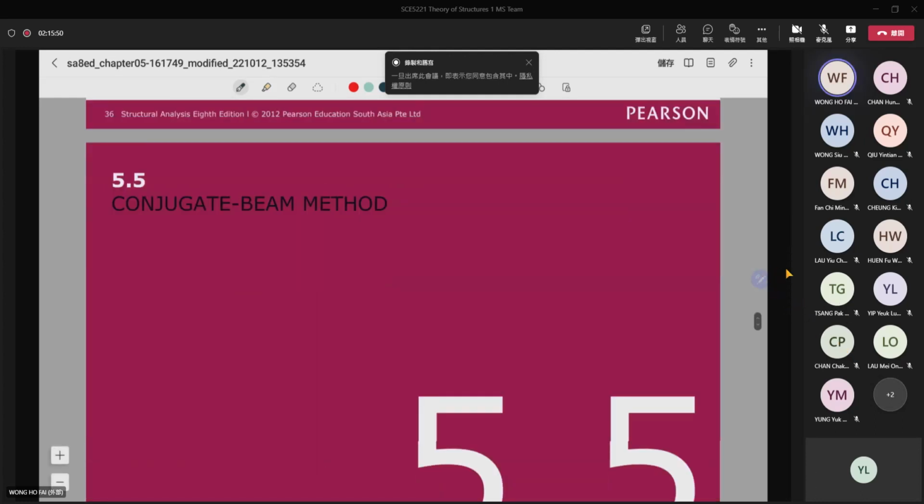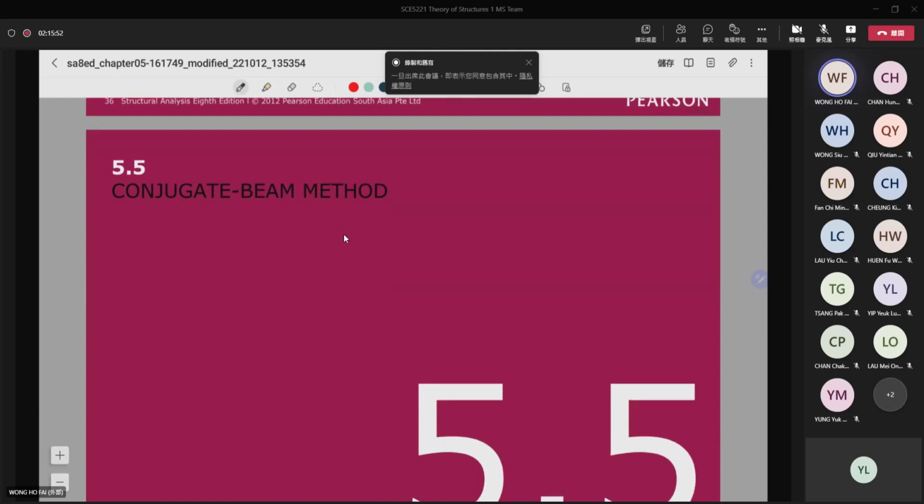And then there is a new method that I can introduce to you. Because before, the method actually needs integration. But for this method, we do not need to use integration to find the deflection and the slope of the structure. So you can take a look. For this method, it is more convenient.